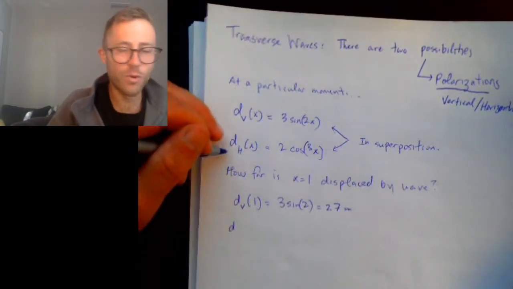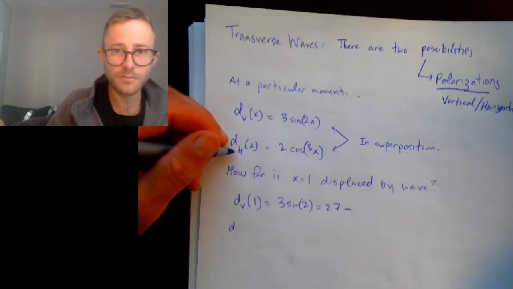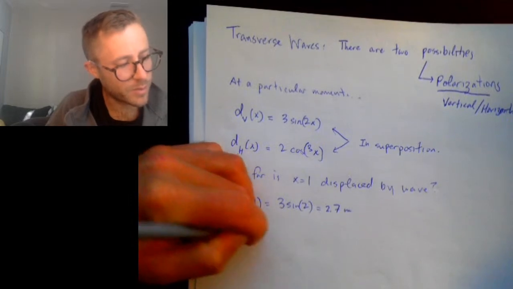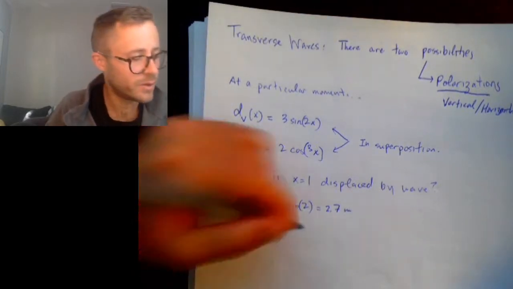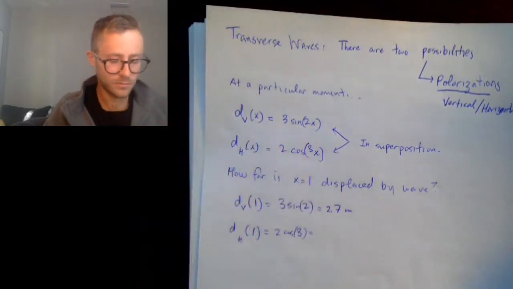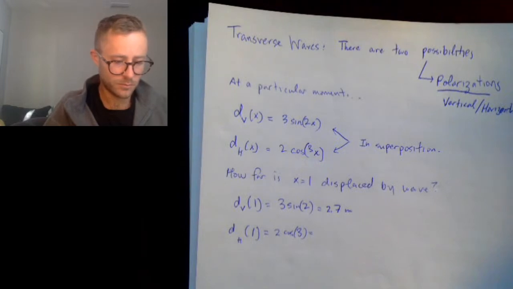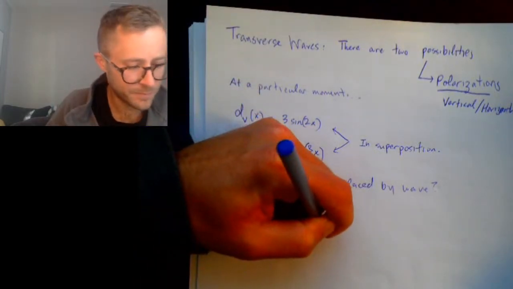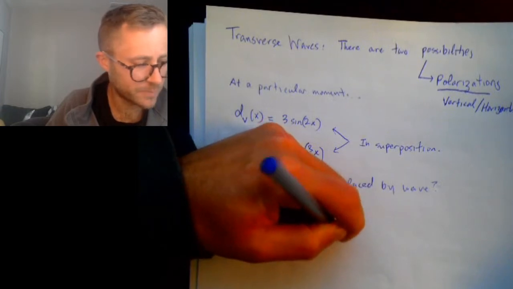The displacement of the horizontal wave is, again, I plug in 1, but for the different equation, 2 cosine of 3. And I get negative 2 meters, just about.